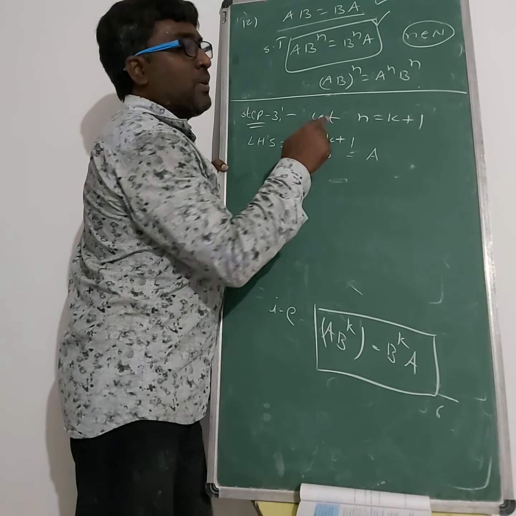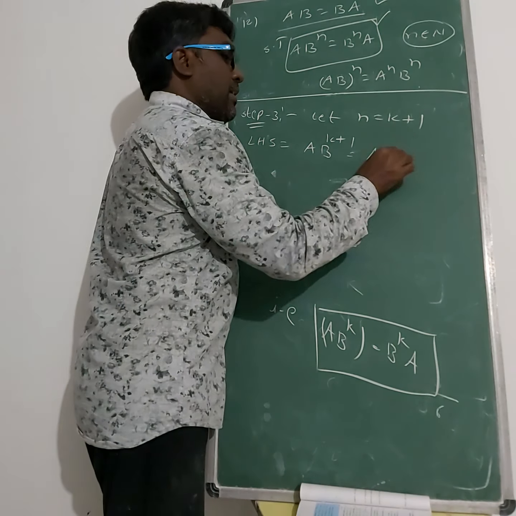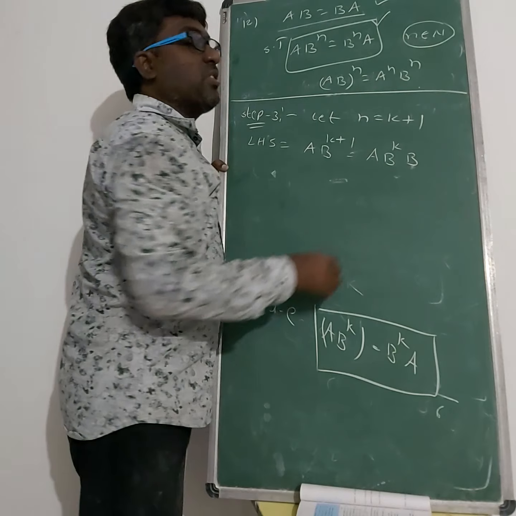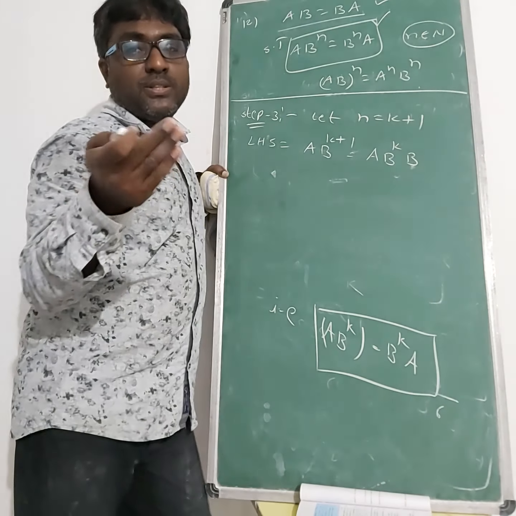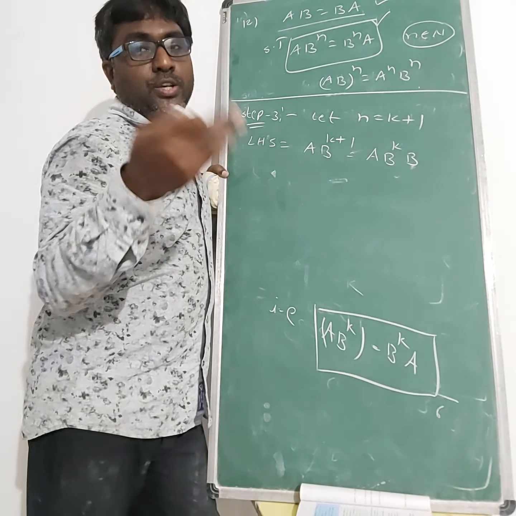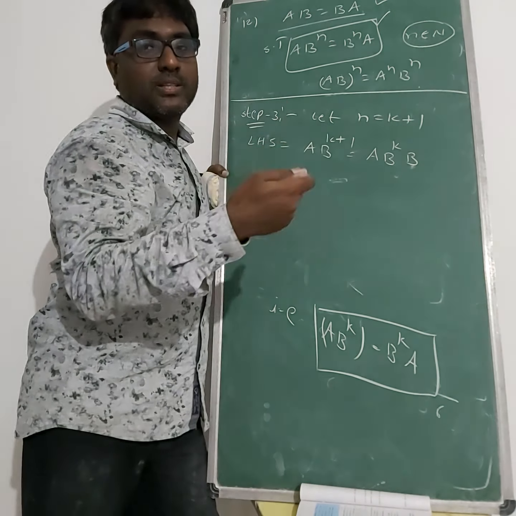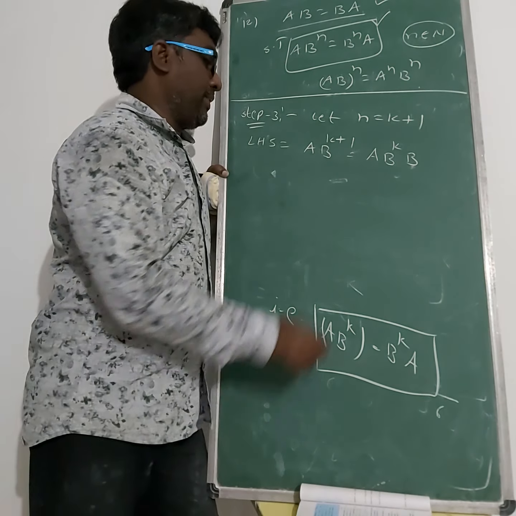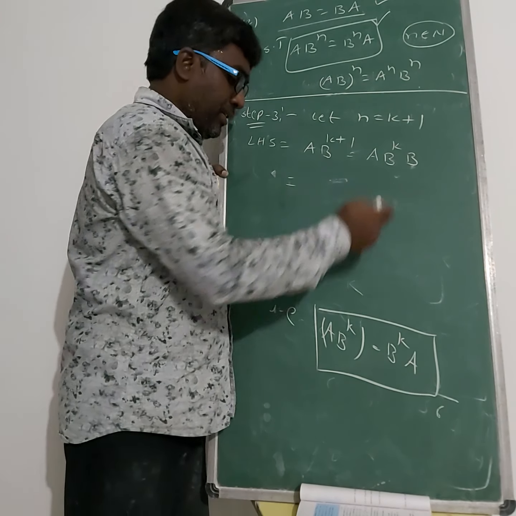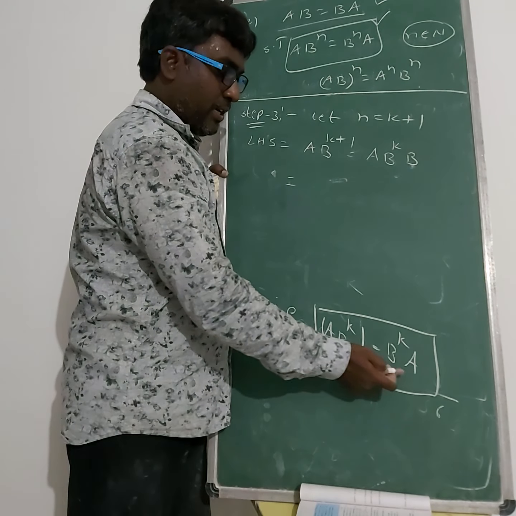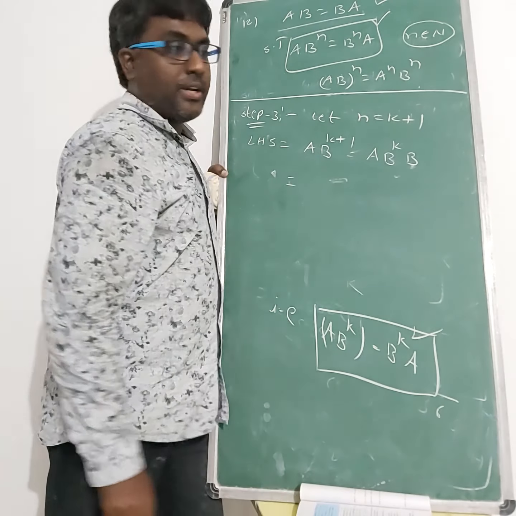So b power k plus 1 means I can write like this, b power k into b. A square means a into a. A cube means a into a into a. Even a into a square you can write, a square into a also. Already a into b power k, they are telling that is b power k into a.